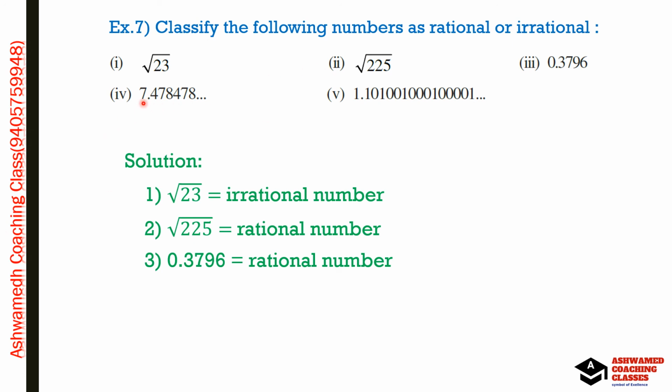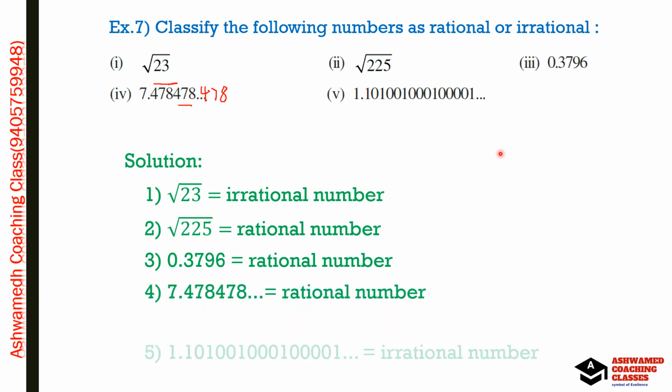Now 0.7478, see here, if you observe, this block is repeating: 478, again 478, again 478. So this is non-terminating but repeating. If the decimal is non-terminating repeating, then we call it rational. This is also a rational number.